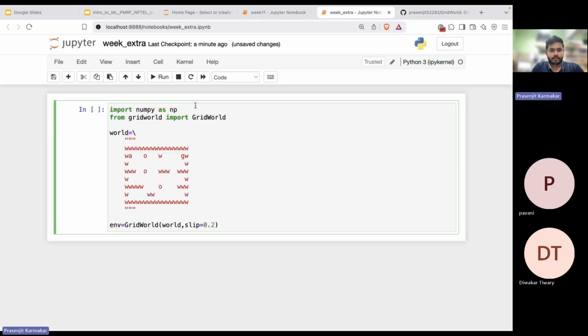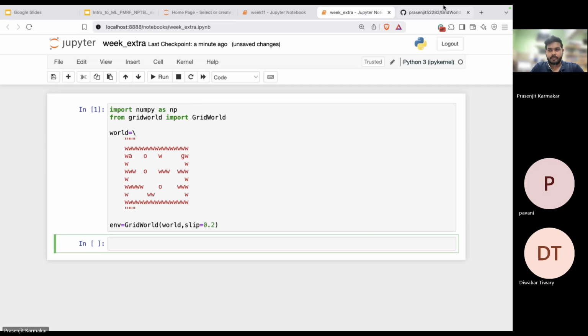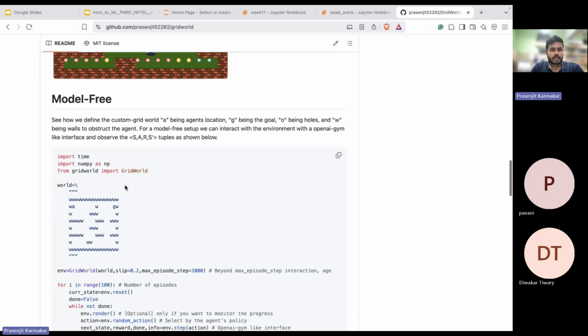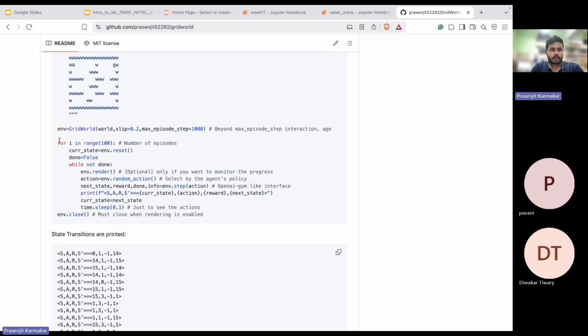You can configure that overnight. So we have the environment, and see, this is how you can interact with it. It's very easy. So let me copy it from here.